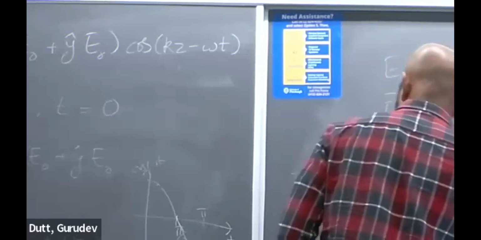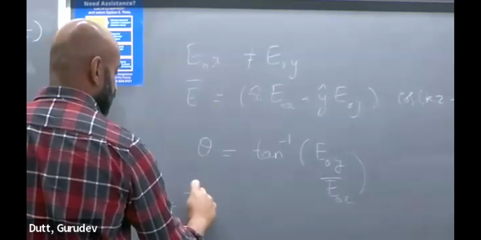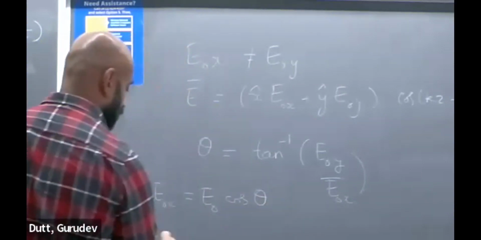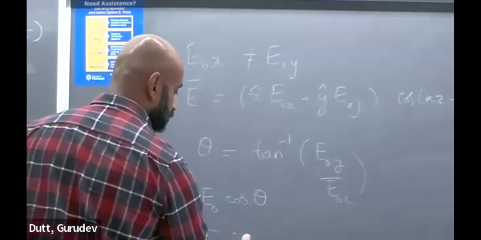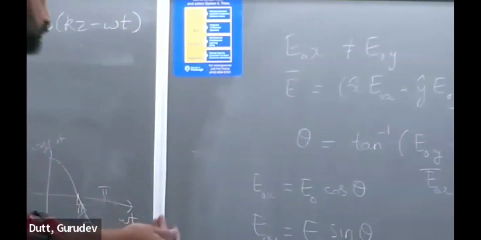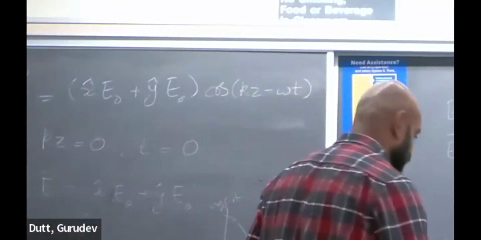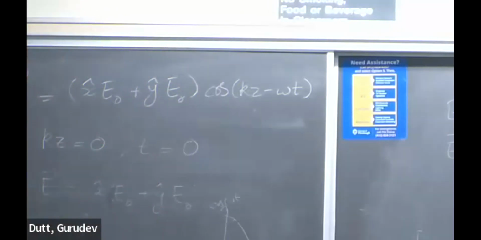Does everybody see that? So if I write down E naught x as E naught cosine theta and E naught y as E naught sine theta, this theta is the angle of polarization. People sometimes write it as theta or alpha, whatever you want to use. But this angle of polarization will then be given by tan inverse of E naught y divided by E naught x.